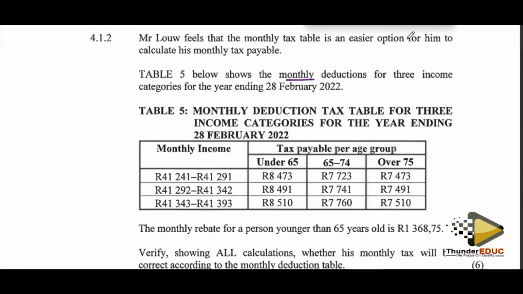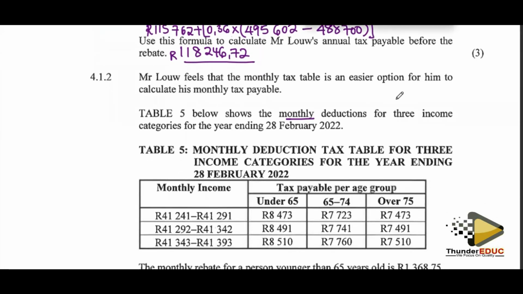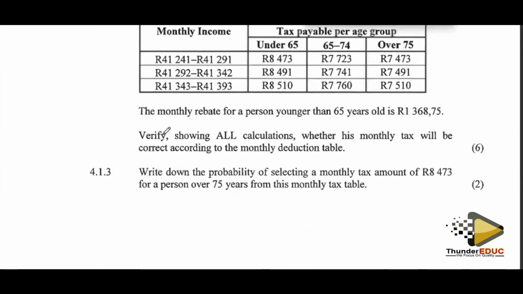The one that we've seen up there is annual tax before rebate. The monthly rebate for a person younger than 65 years of age is R1,365.75. They are saying verify, showing all calculations, whether his monthly tax will be correct according to the monthly deduction tables.